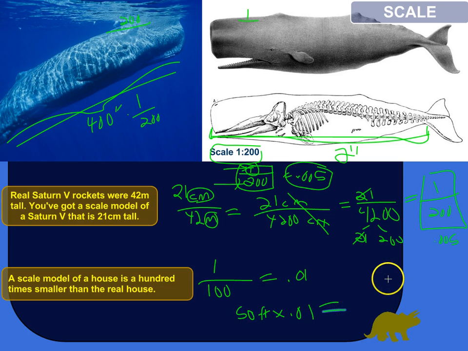So you'd be scaling it down to represent it in the scale model. So yeah, that'd be 0.5, I believe. Yeah, 0.5 feet. 6 inches, half a foot, 6 inches. Yeah, so that's how you find the scale factor, and that's what you do with it.